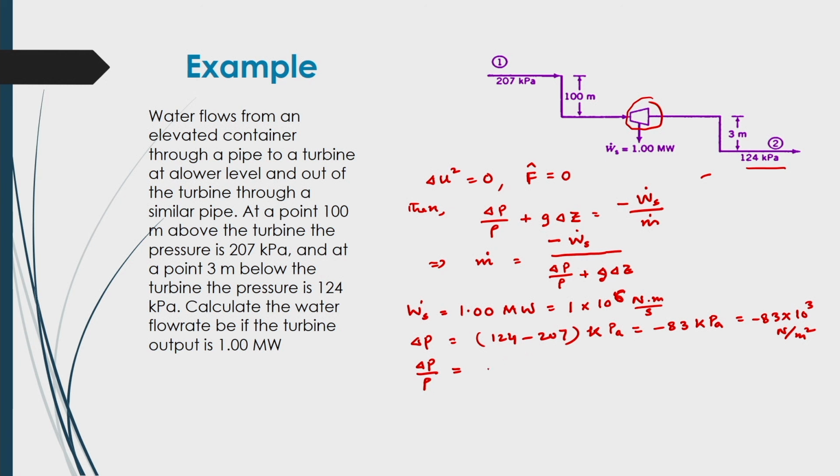So, it will be coming finally here minus 83 Newton meter per kg, and then delta Z accordingly will be minus 103 meter, and G is given here 9.81 meter per second square.